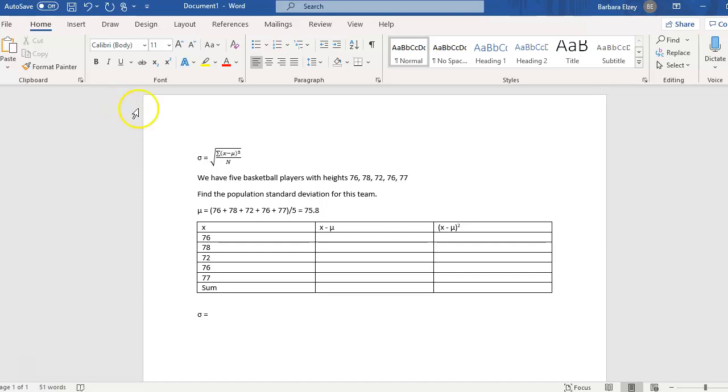All right, now let's go back to this formula up here for population standard deviation. You'll notice the familiar square root symbol, but then there's an unfamiliar symbol here. It's this Greek letter sigma, that's the uppercase sigma.